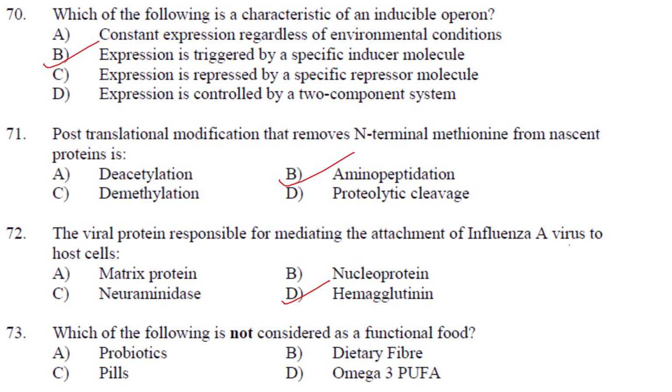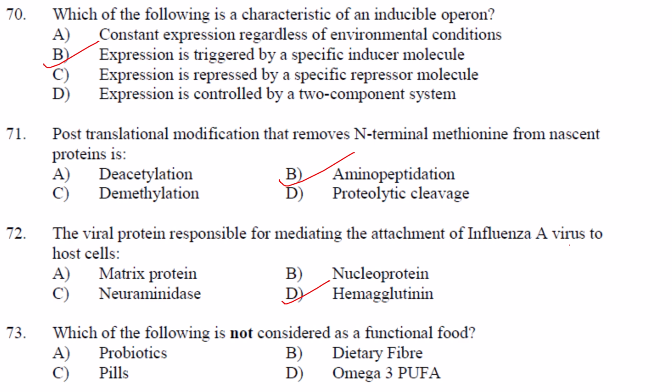Then, which of the following is not considered a functional food? Functional foods can be your fruits, vegetables, and fortified foods that are naturally fortified with beneficial compounds. Okay, so they are functional foods. Probiotics are functional food, dietary fiber is functional food, omega-3 PUFA is also functional food, but pills are not functional food.